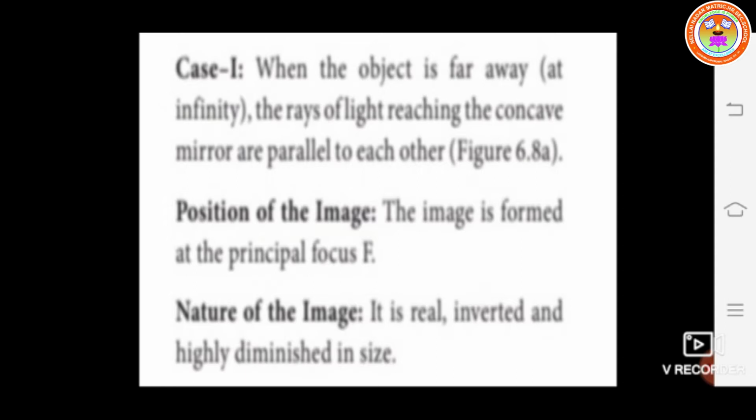The incident ray falls on the concave mirror and forms the image.